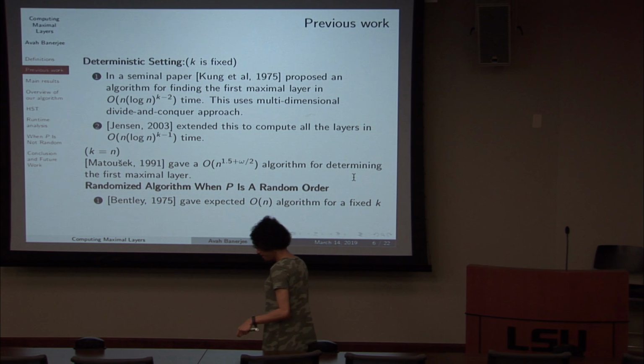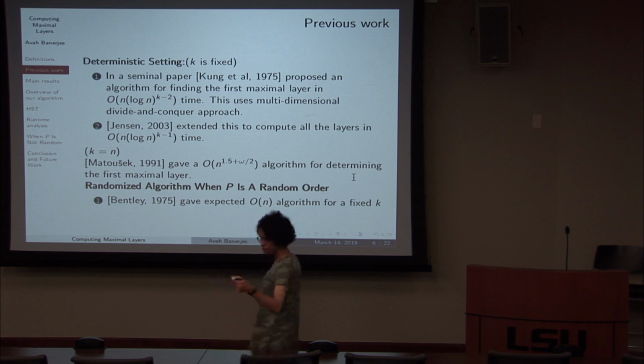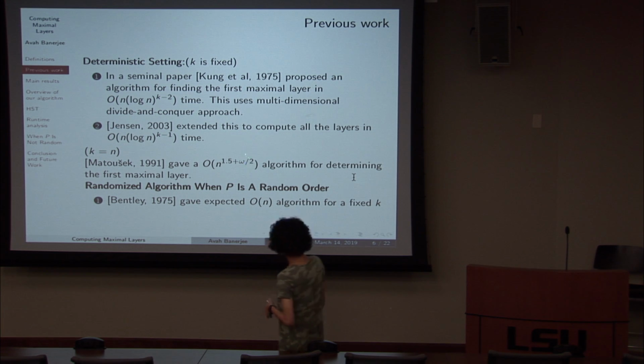Omega is the exponent of the complexity of the fastest known matrix multiplication algorithm. Anybody know what the value of omega is currently? 2.34 something. So 2.34 divided by 2 plus 1.5, whatever that is, if the number of dimensions is exactly n.